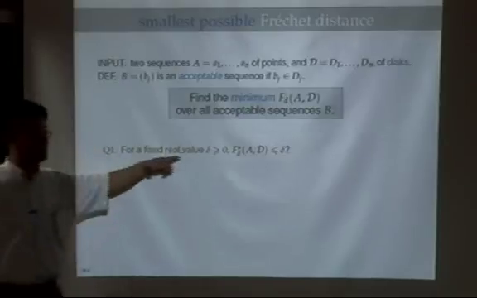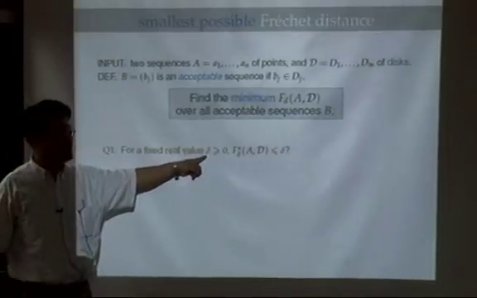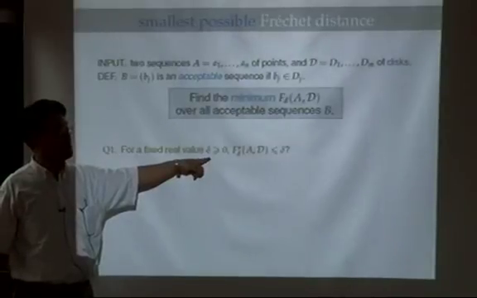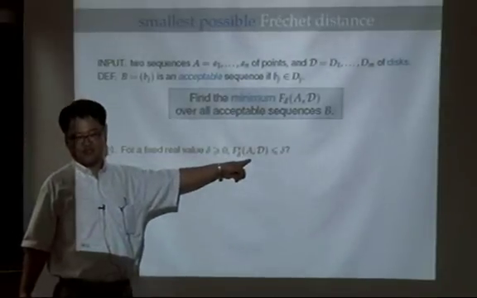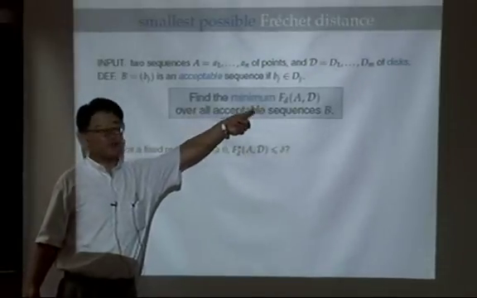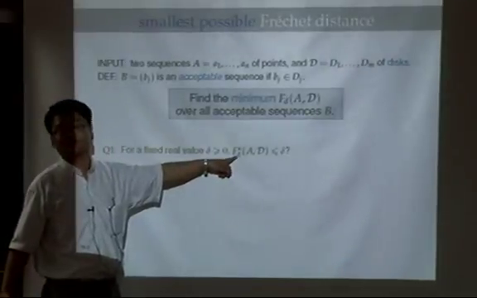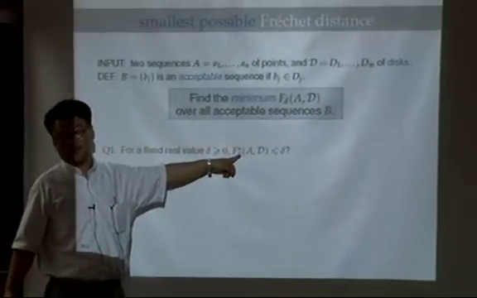So we give some fixed real value delta, a non-negative value delta, and we want to get an answer to this question: whether this minimum possible Frechet distance, it must be F star, sorry, is smaller than delta or larger than delta.